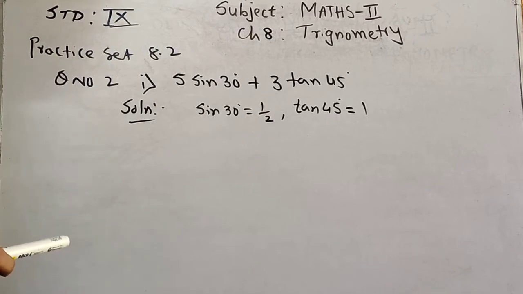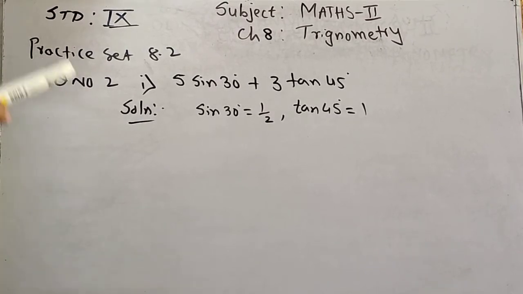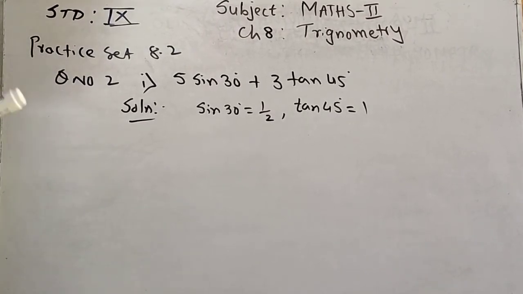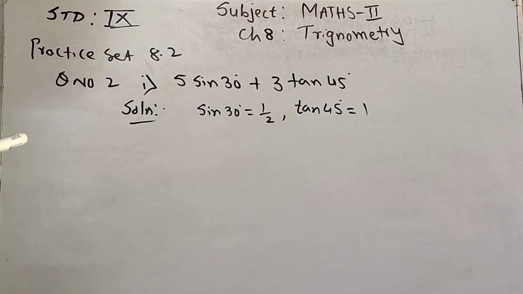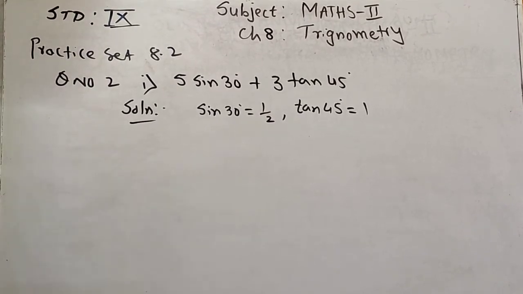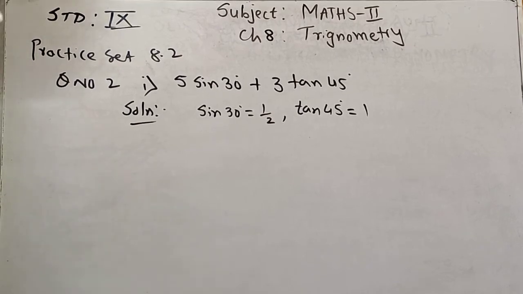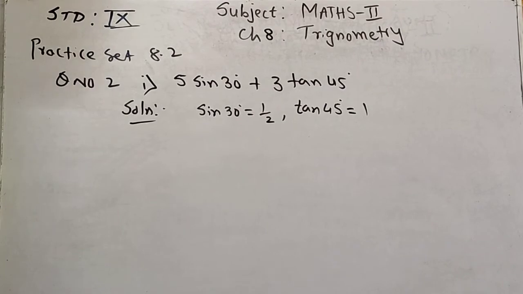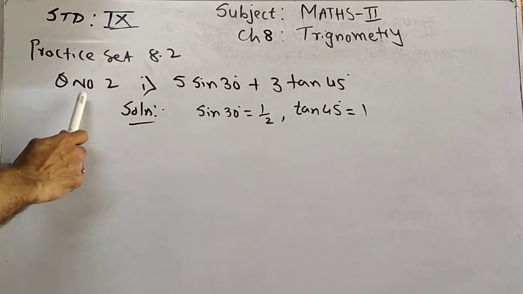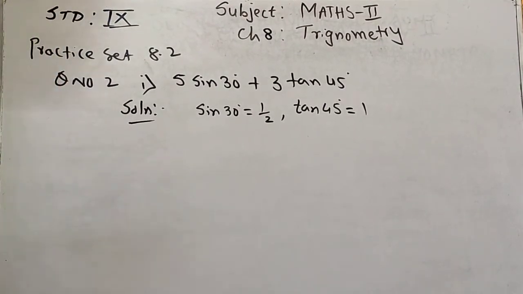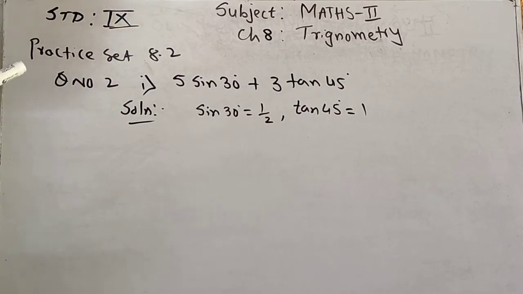The values of sine, cos, tan, cot, sec, cosec are given in the table. Am I right? My purpose was that you should know the table perfectly, because if you don't know the table you cannot solve question number 2 which we are going to start now.